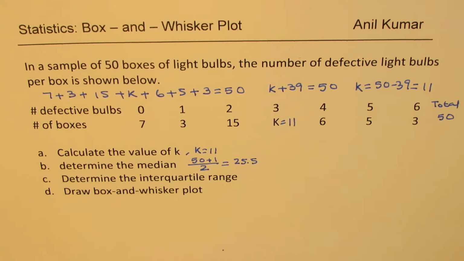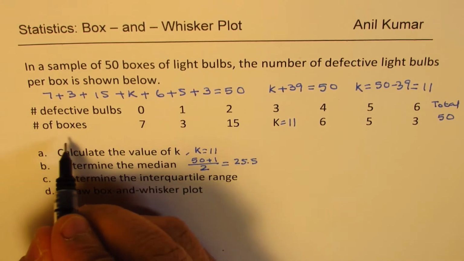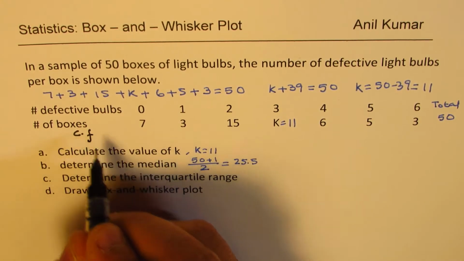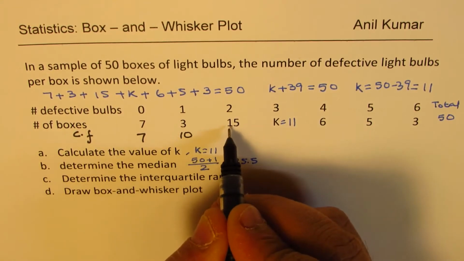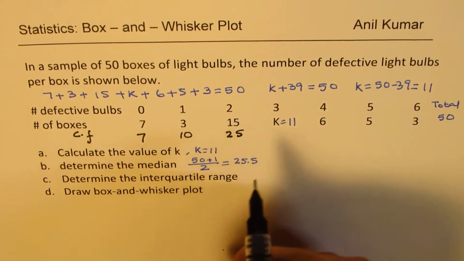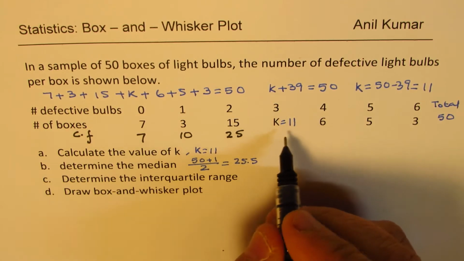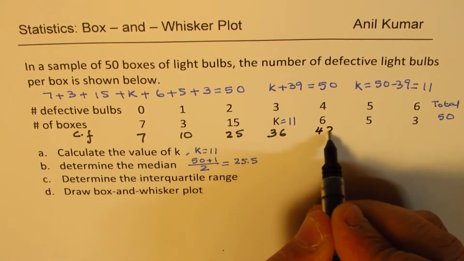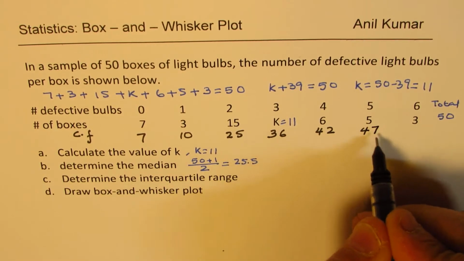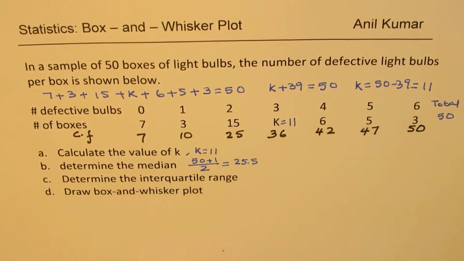So it is better to actually make a cumulative frequency from here. So let's add, that will help us, right? So we have 7 plus 3 is 10, 10 plus 15 is 25, and when you add 25 to 11, you get 36. This gives you 42, that gives you 47, and this is 50, correct? So what do you notice?